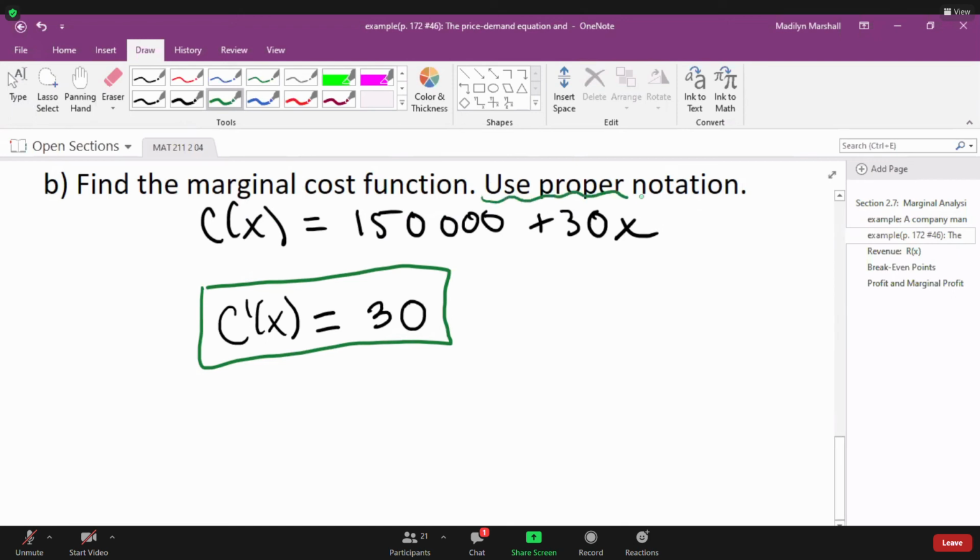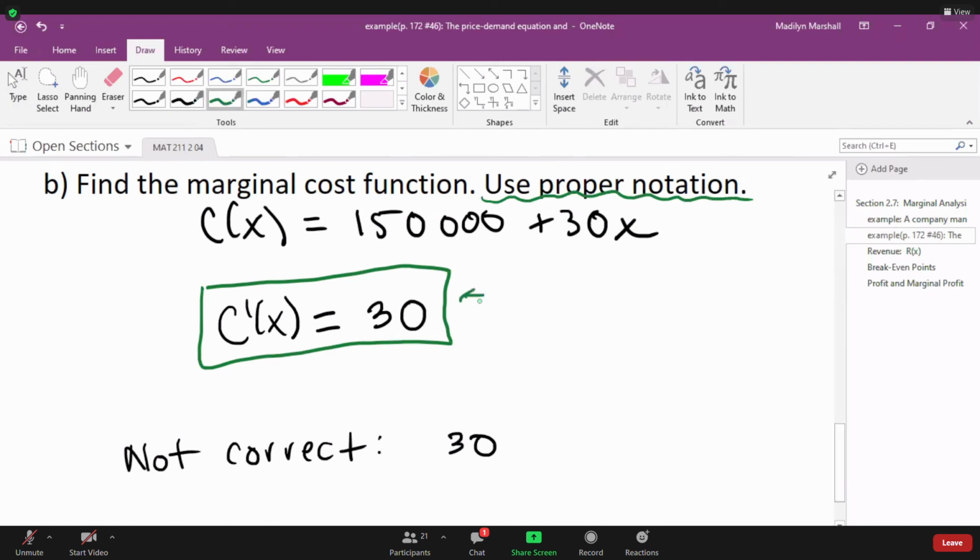I want to highlight this part of the question, use proper notation. It would not be correct to just write 30. It is correct to write c prime of x equals 30.